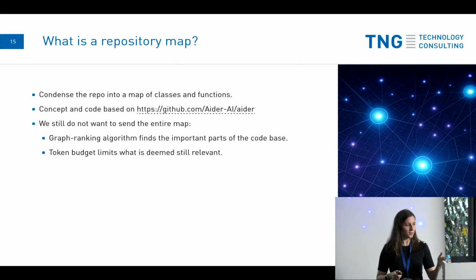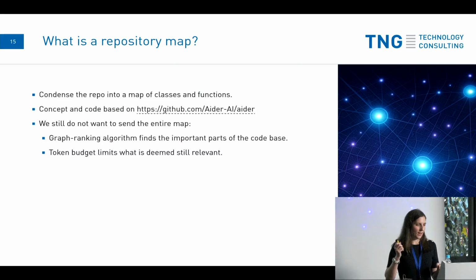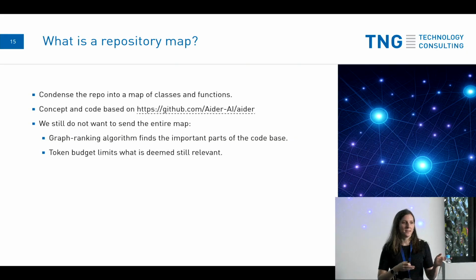And this you can generate fully deterministically, no LLM involved, at the start for the whole repository, and then you have it. And still, we don't actually always need to send this entire map. We can send just the parts that are relevant for the class that we actually want to test. And for that, we have some rough ranking algorithm that can find out which parts are actually related.